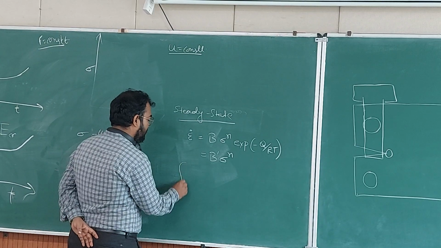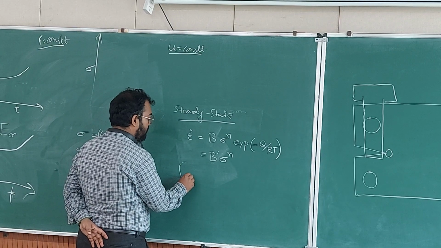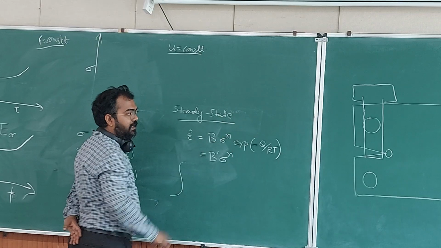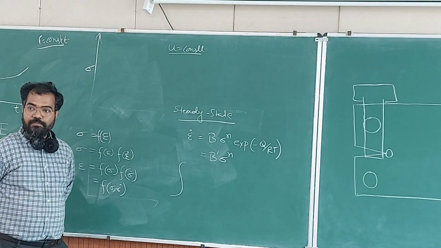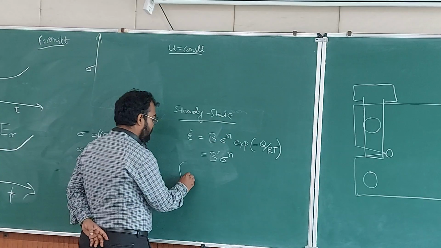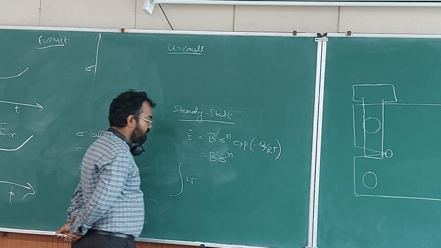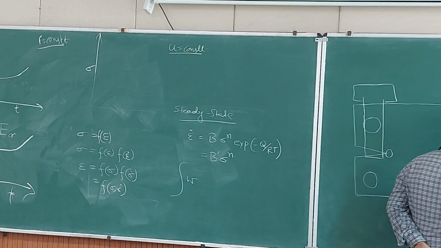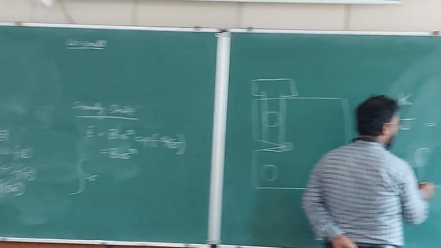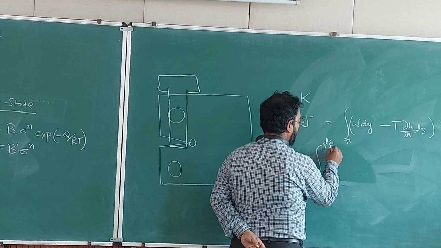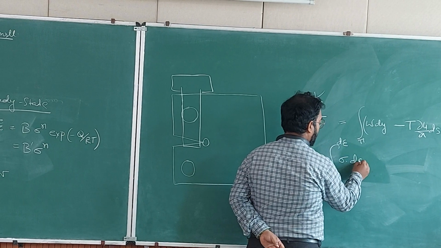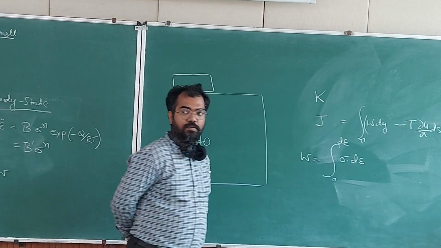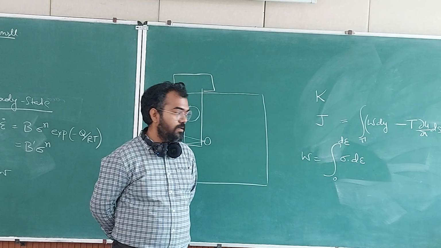Okay. So if this is true, then we can define an integral, and our reference integral is that. There we have W, which is strain energy density, and W is defined like this, right?